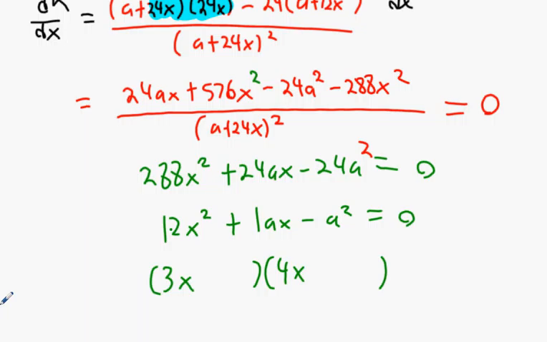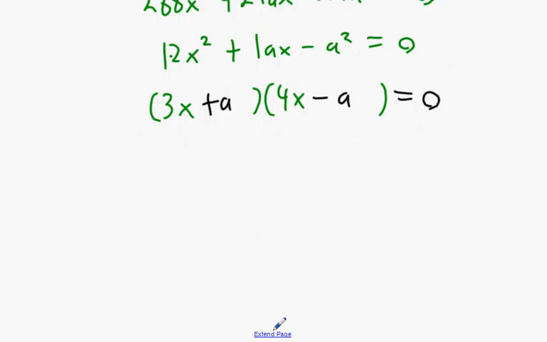Now, we've done that part, then we solve this, and we get 3x plus a, 4x minus a equals 0. We get two values. x equals minus a over 3. Sort of a problem, isn't it? Because it's negative. And the other value is x equals a over 4.